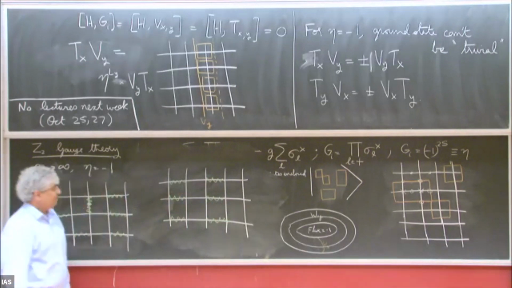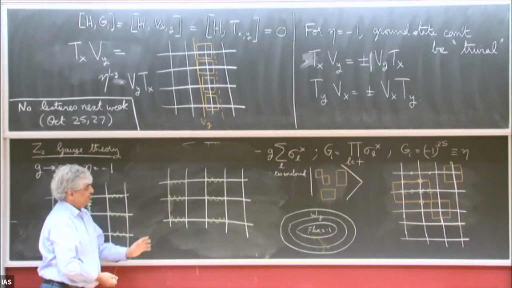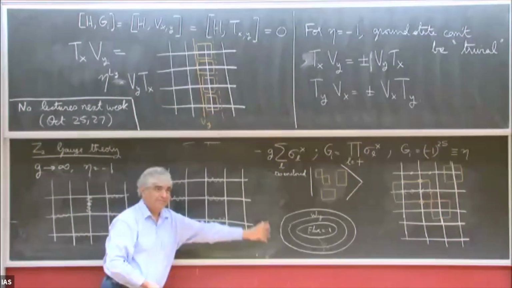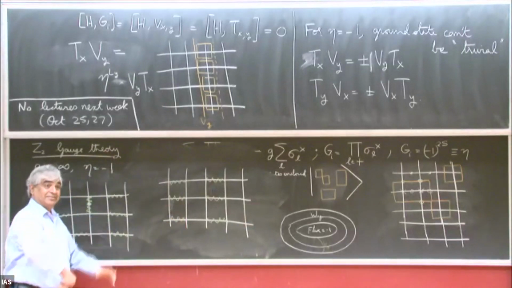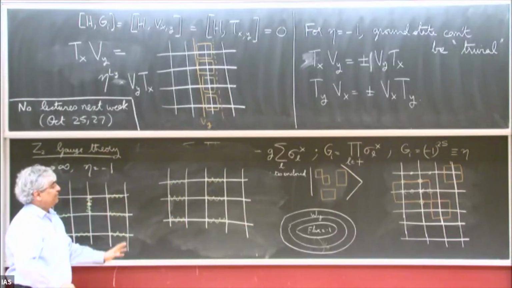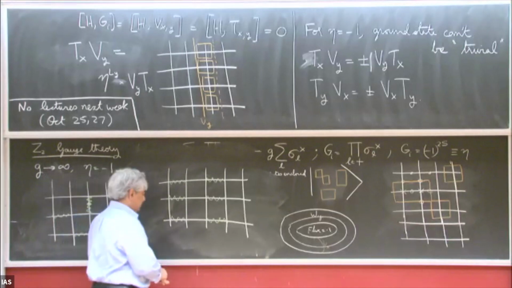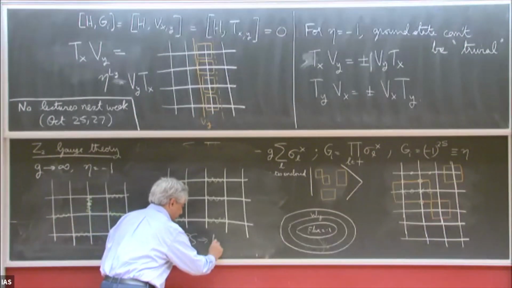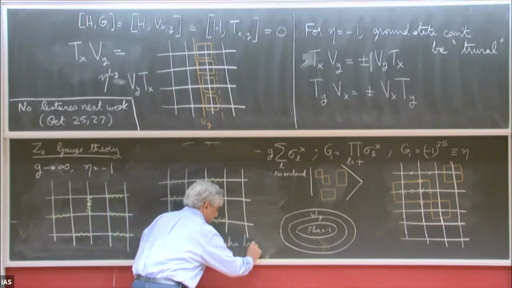And now you can see, whether you have an odd or even number of sites is a totally different ballgame. If you have an even number of sites, you could fit these columns, no problem. If you have an odd number of sites, there has to be some defect line. And so things do depend on the geometry of the system. But in this case, the dependence is due to the broken translation symmetry. This is the valence bond solid. It breaks all kinds of symmetries, but in particular, translations.